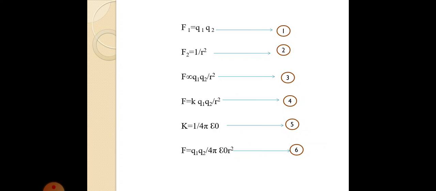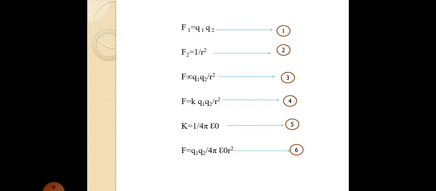So F equals K into Q1 Q2 by r square. K is the constant of proportionality, K equals 1 by 4 pi epsilon naught. Epsilon naught is the permittivity. So F equals Q1 Q2 divided by 4 pi epsilon naught r square.